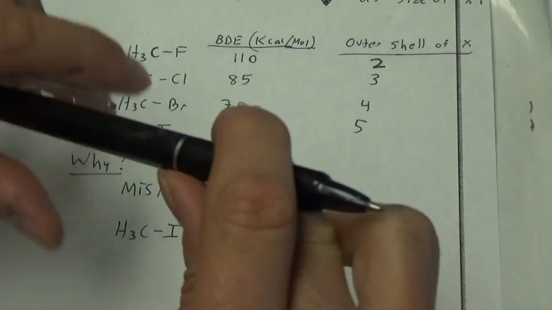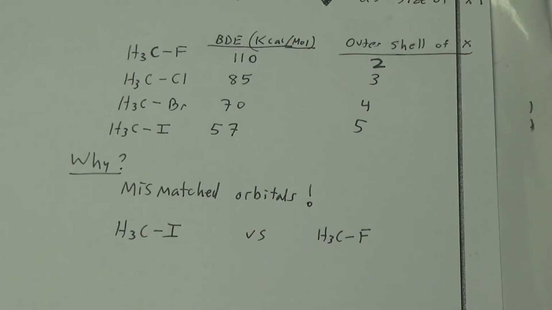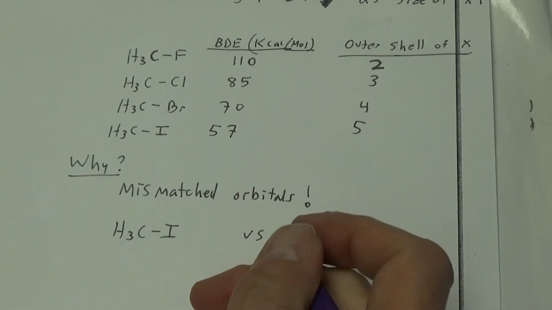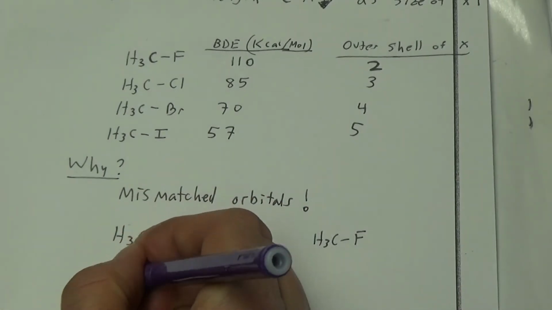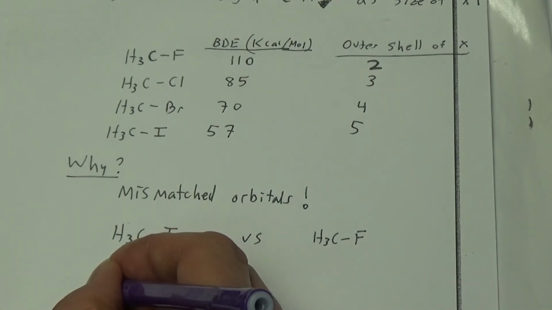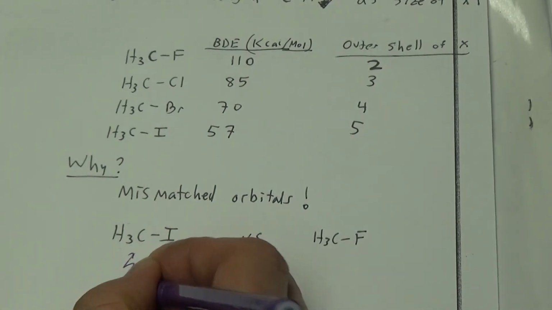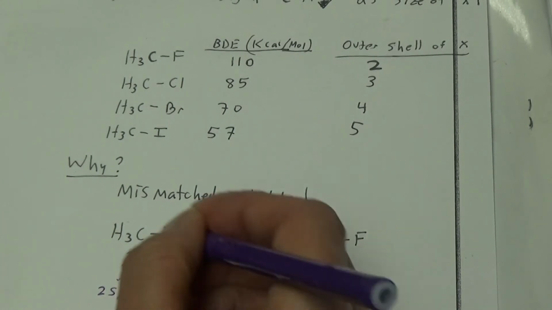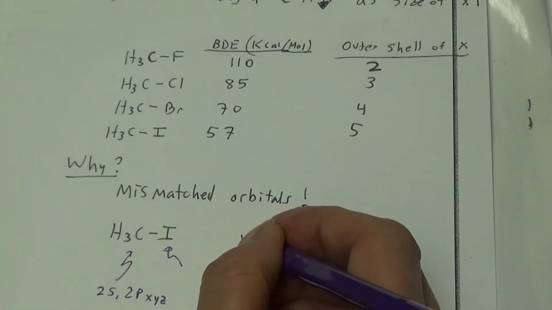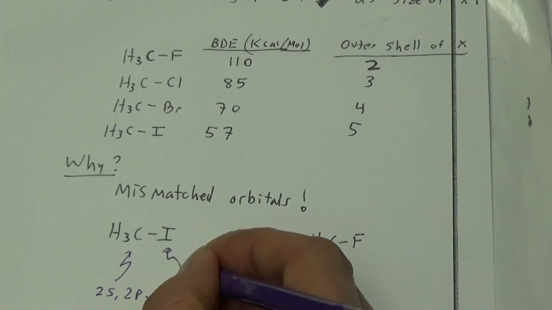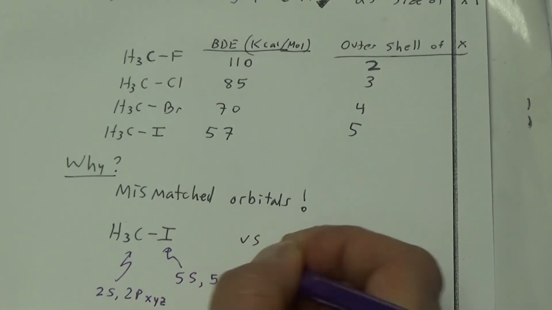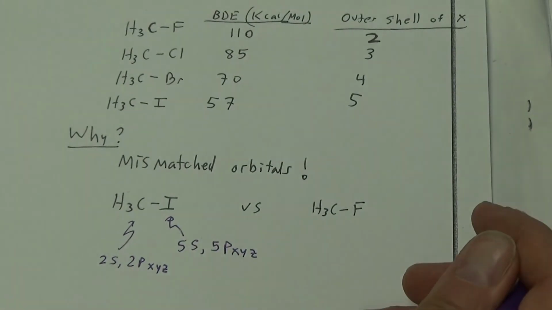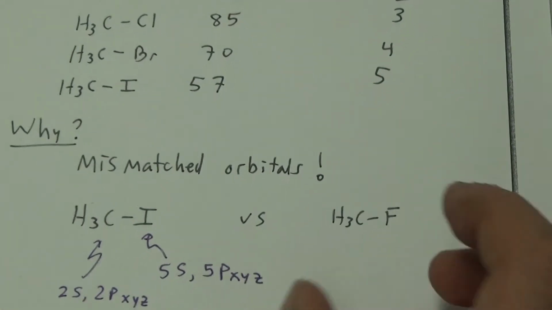and we consider the valence orbitals on carbon, it's 2s, 2px, 2py, and 2pz. Iodine is 5s and 5px, 5py, and 5pz. And so that is mismatched, right?